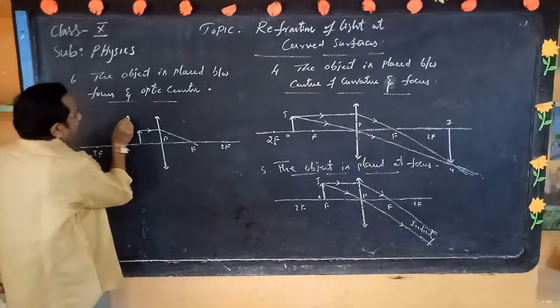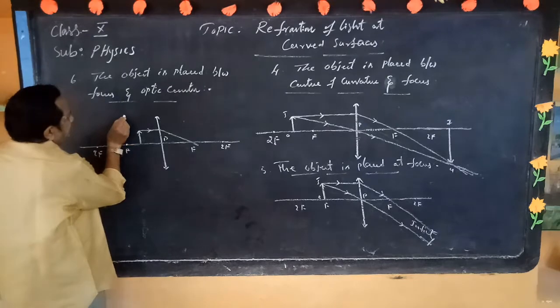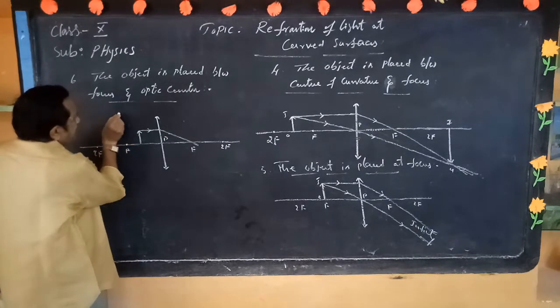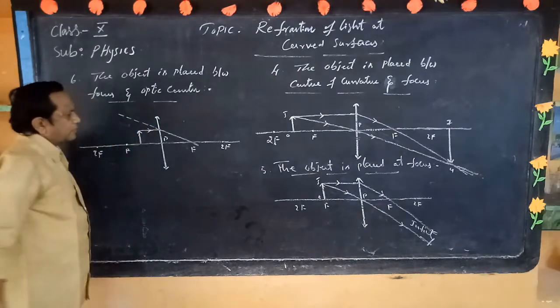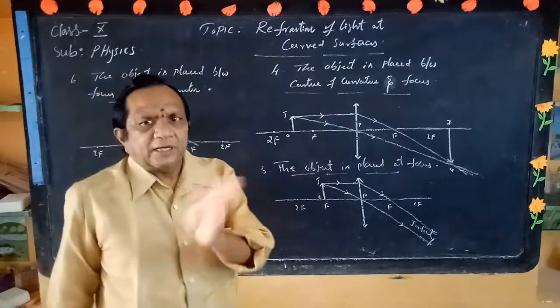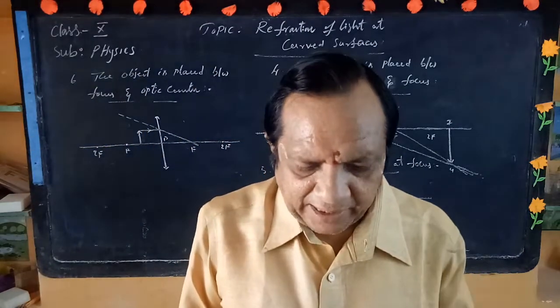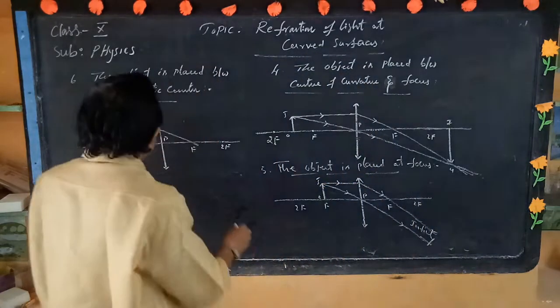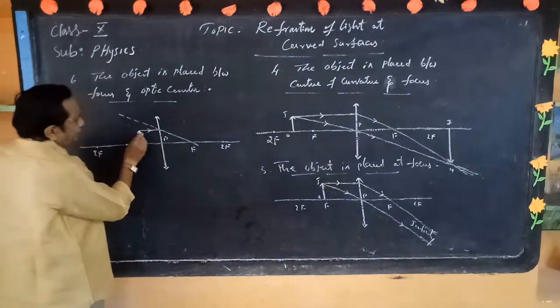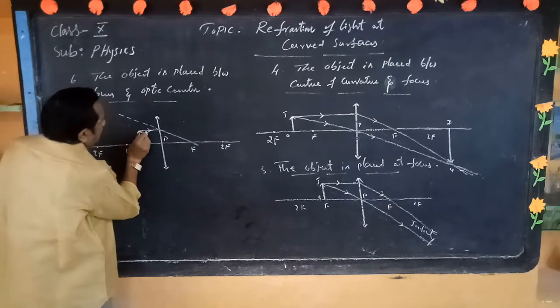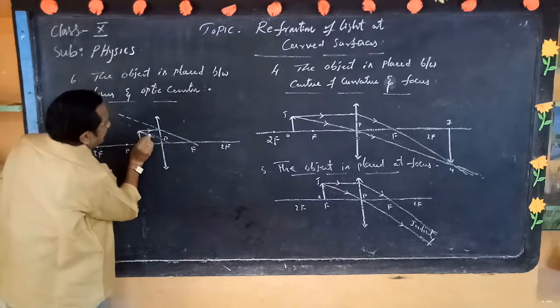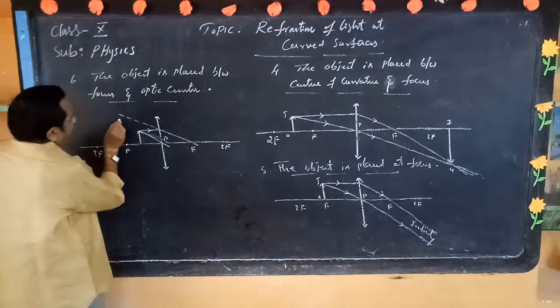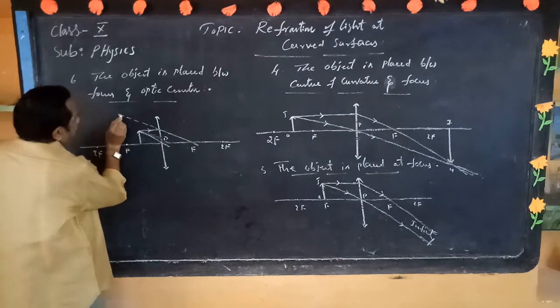The first ray passes through and touches the focus. From there it comes back. In this condition I observed that the ray is reflected back. And another ray to be considered passes through the optic center, and it is also extended.